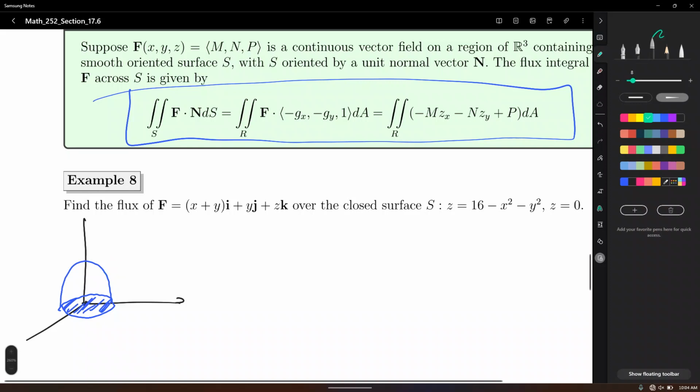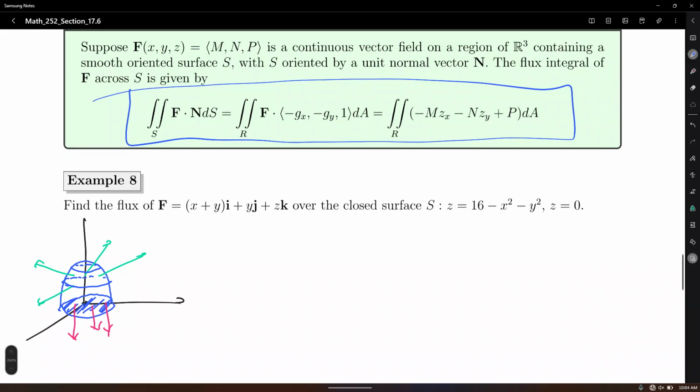We're going to have a fluid going across the paraboloid, and we will have some flux across the circular bottom. That means we need to set up two flux integrals.